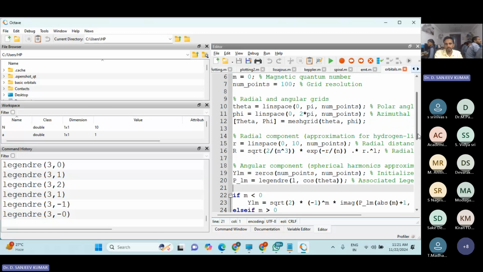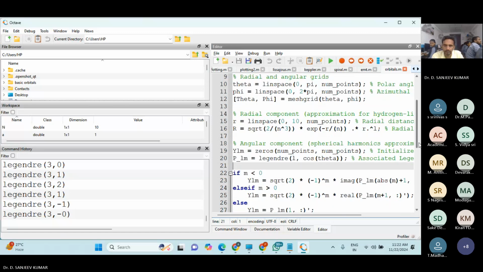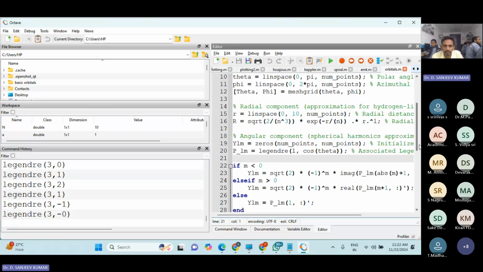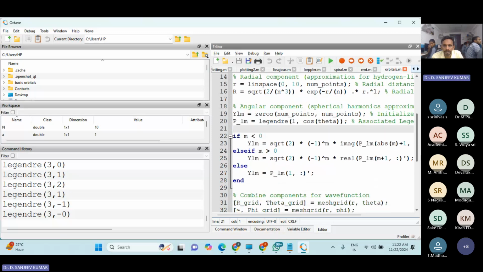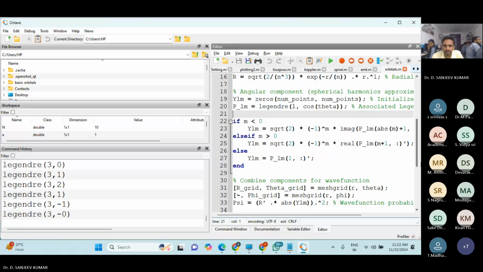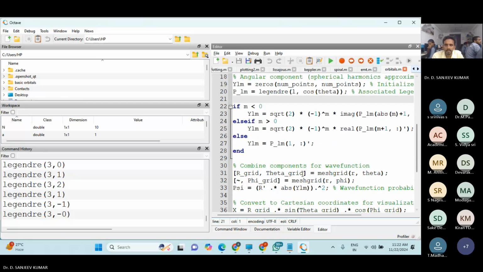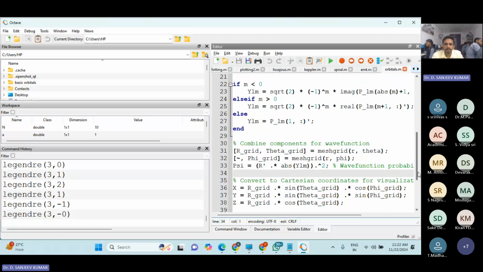So once you go for that, you can generate the YLM values and the wave function. You can construct the wave function by considering radial part multiplied by the angular part. So at the end, we have to resolve XYZ components.